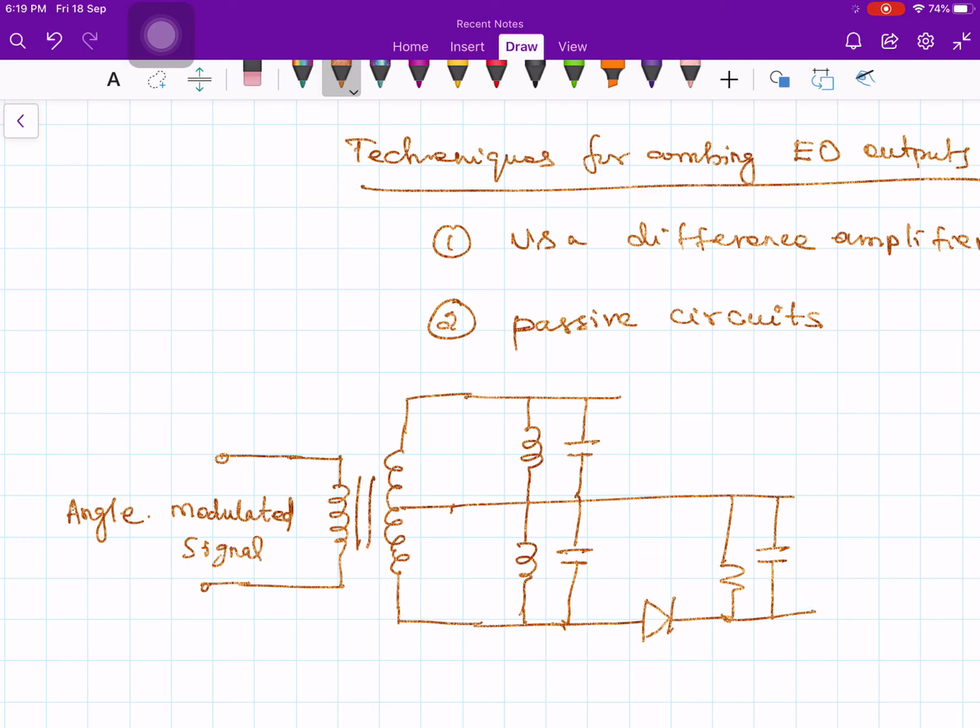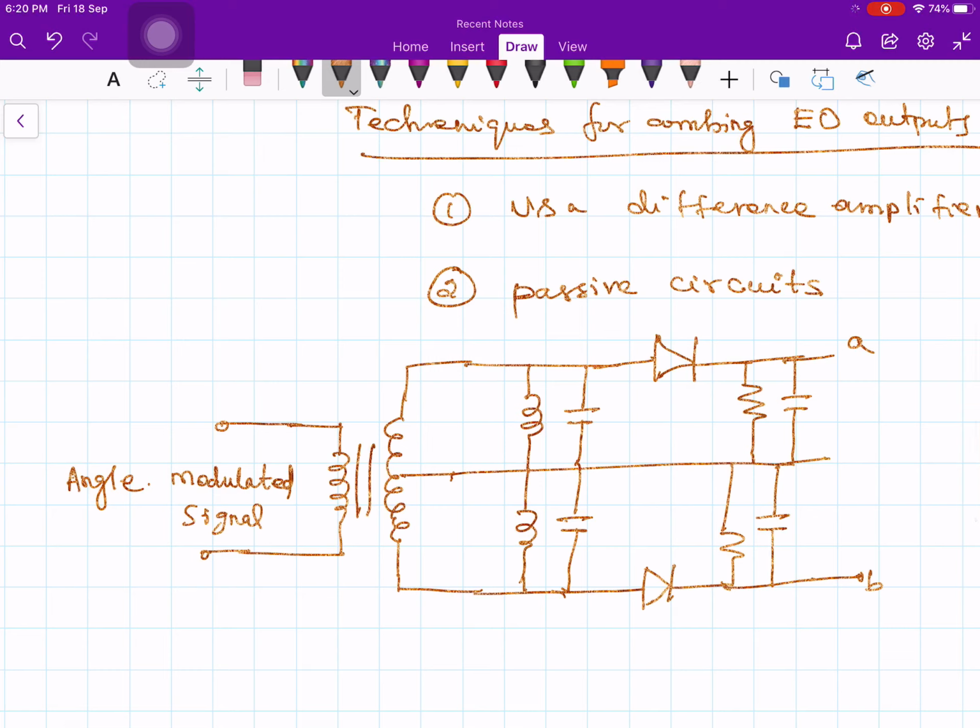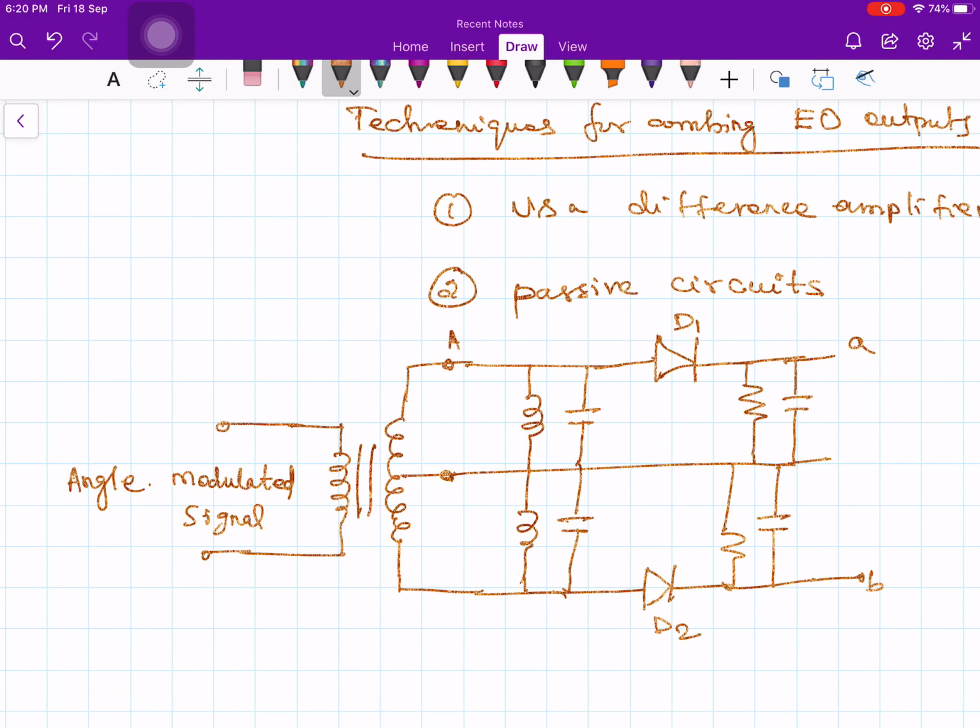And here also you put a diode, then a resistor and a capacitor. Let's say this terminal is A and this one is B for reference. Let me call these D1, D2, and this point A, point B, and then point C, like this. Let me say I and I dash are the input. That's it, this is my circuit diagram.